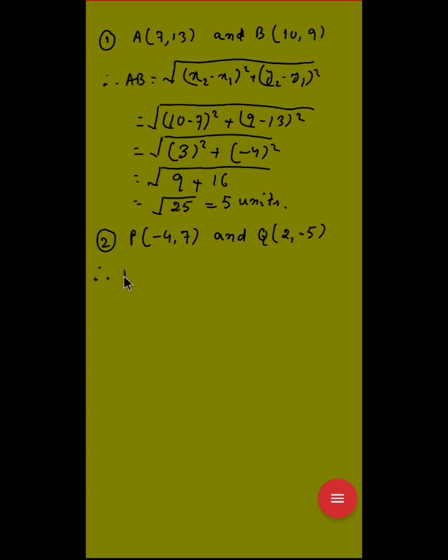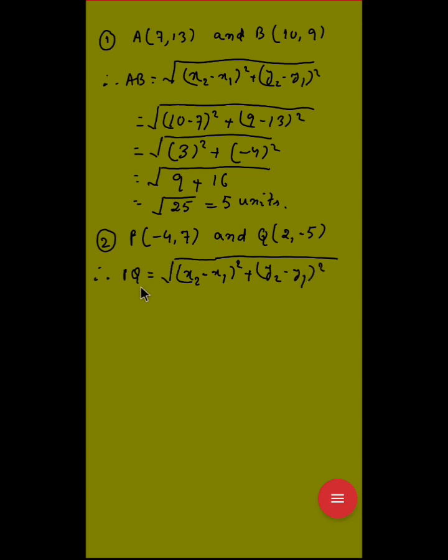The distance formula is given by PQ is equal to under root of (x2 minus x1) whole square plus (y2 minus y1) whole square.